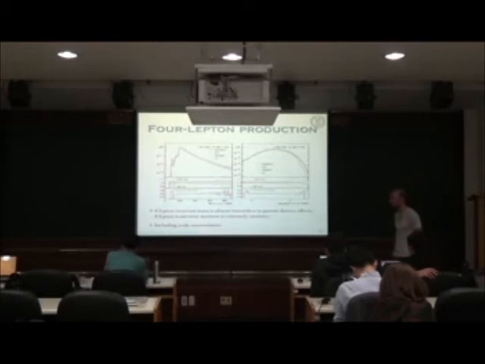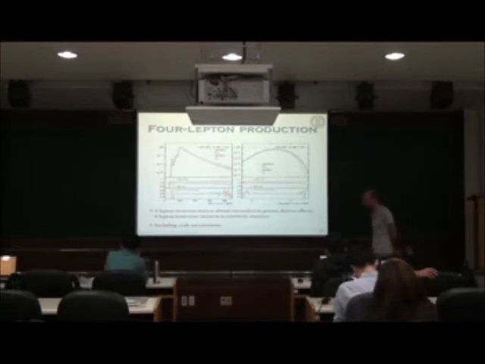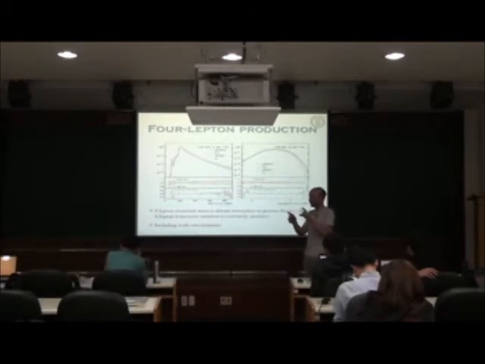So to combine a Z plus 0 jet sample at next leading order matched to a Python shower together with the Z plus 1 event sample matched to the Python shower at next leading order. It's very difficult. Actually, there was a paper only two or three weeks ago where the first attempts have been worked out.